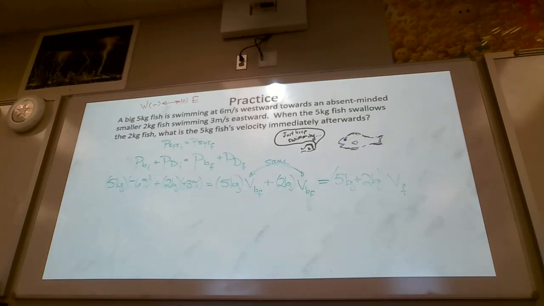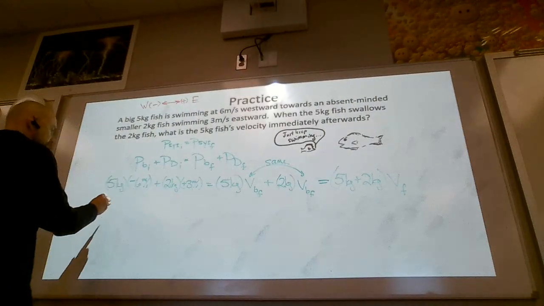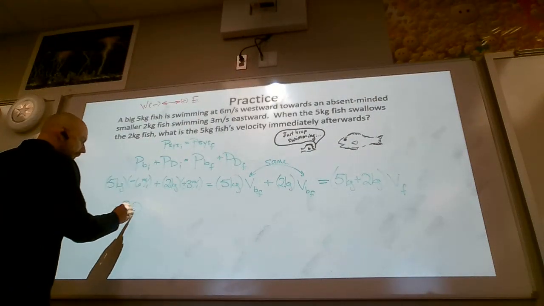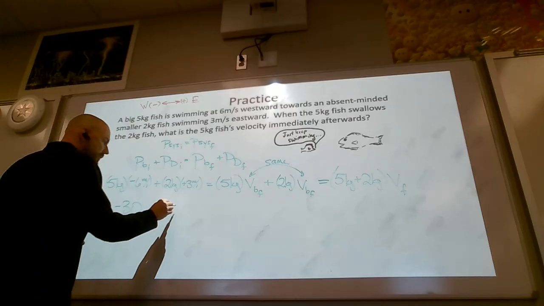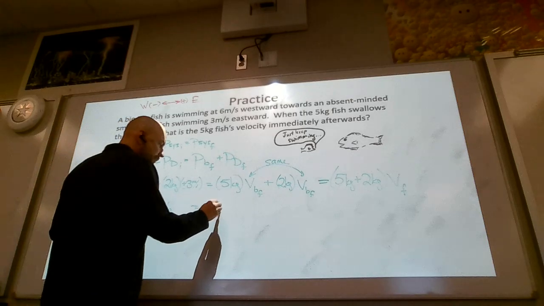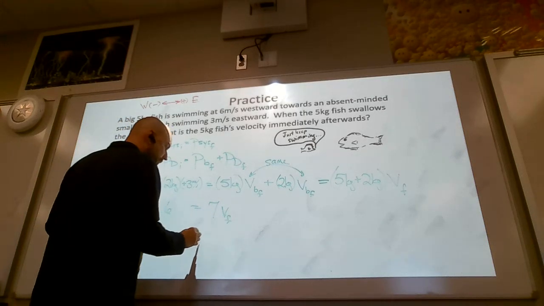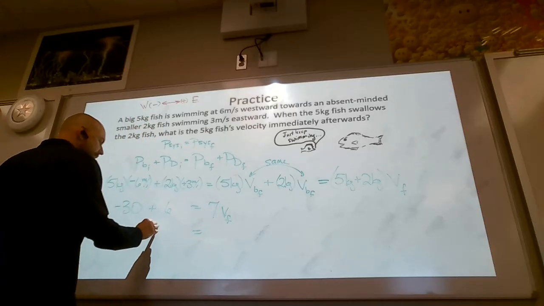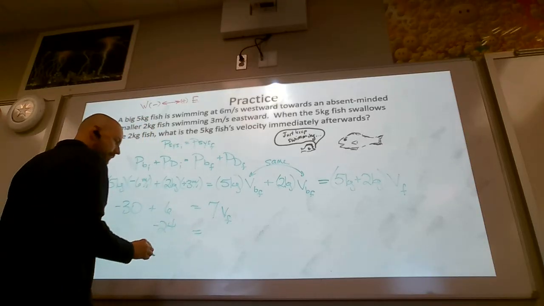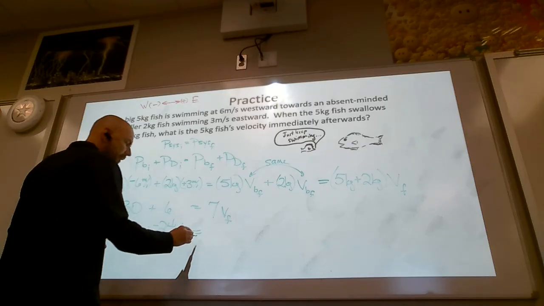Okay. So, solving for this, get negative 30 plus 6 equals 7. That's negative 24 divided by 7.